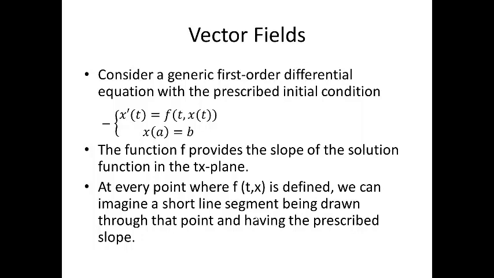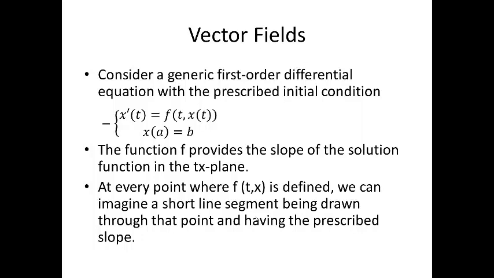Before addressing the question of solving such an initial value problem numerically, it's helpful to think about the intuitive meaning of the equation. The function f provides the slope of the solution function in the tx plane. At every point where f of t, x is defined, we can imagine a short line segment being drawn through the point and having the prescribed slope.